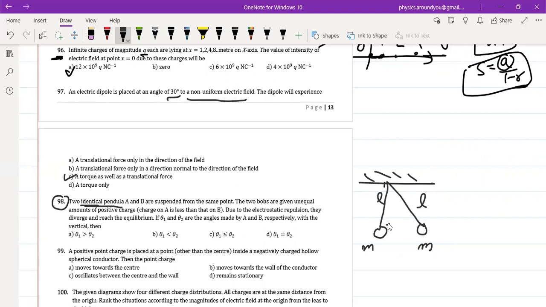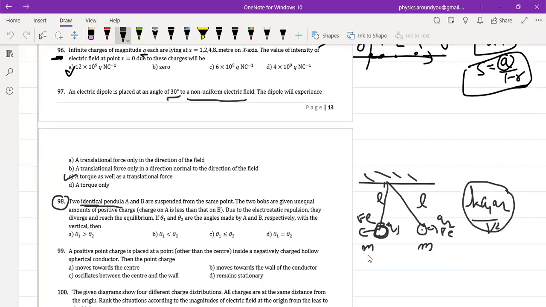No matter what charge you give on them, each of them will experience the same electrostatic force, right? Because it's by Coulomb's law. Every action has an equal and opposite reaction. Yes, this has a different charge, this has a different charge, but the force is given by k q1 q2 by r squared. This force is the same for both of them in different directions.